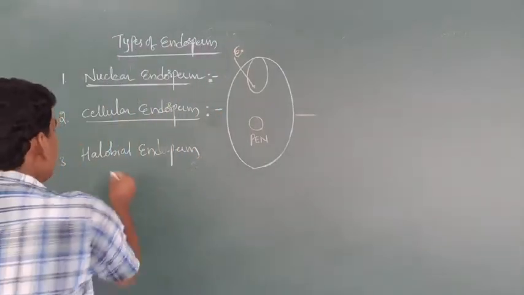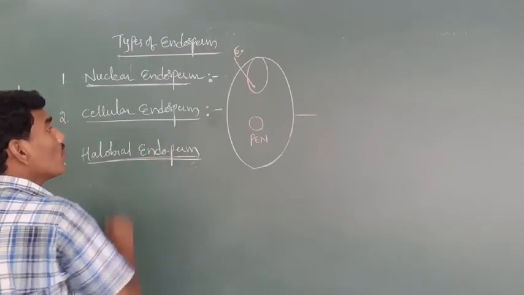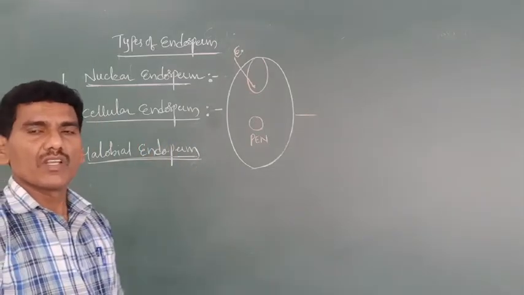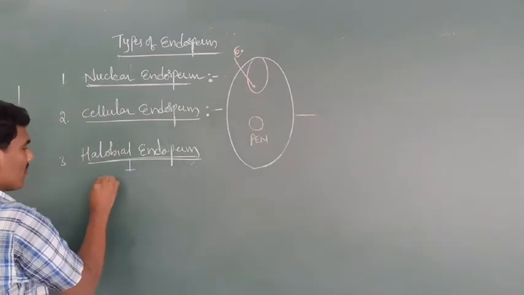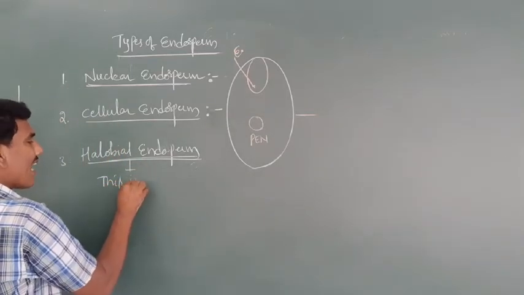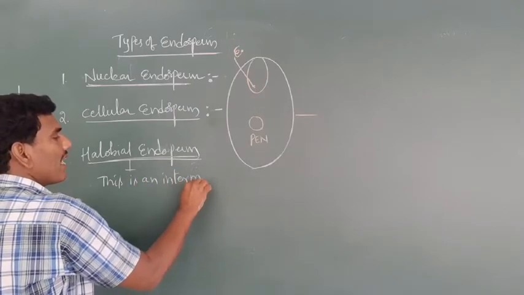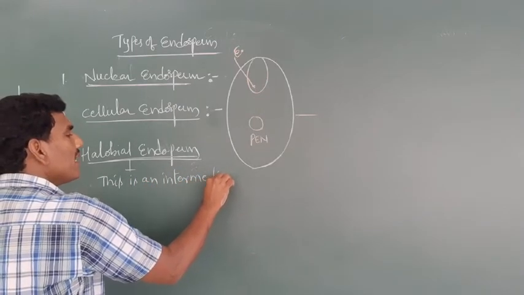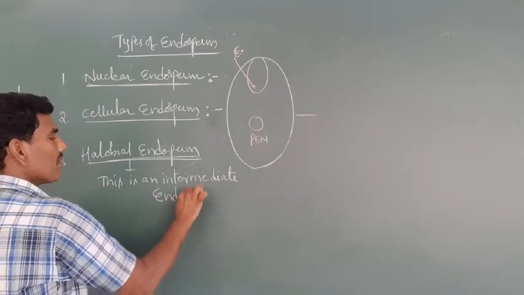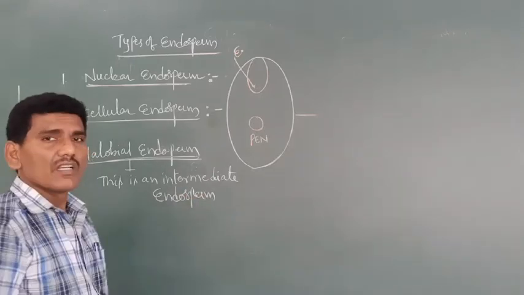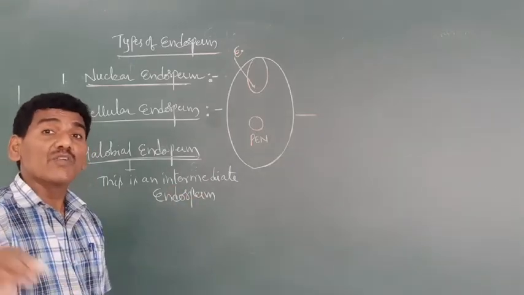The third one is helobial endosperm. This is an intermediate type of endosperm. Why is the helobial endosperm called an intermediate endosperm?